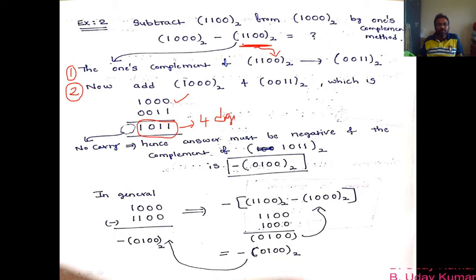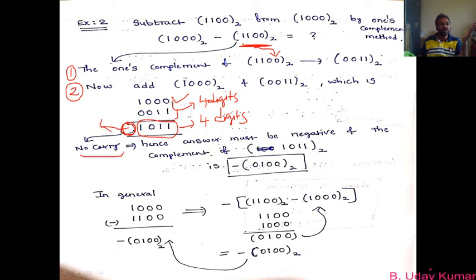It also has 4 digits. Since the answer also has 4 digits, there is no carry here. If you have a carry, it would be a 5th digit to the left, but here we have no 5th digit, and hence no carry.